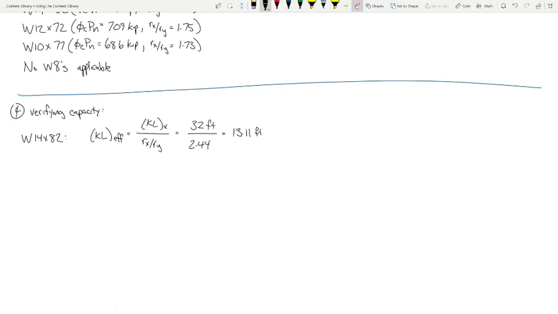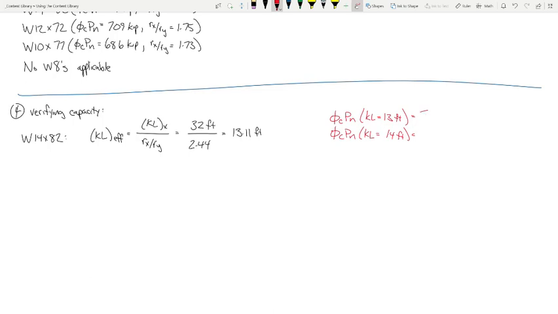Okay, so let's do that, just for the sake of discussion. What is BPN at KL of 13 feet, and what is BPN at KL of 14 feet? Help me out with that. What is BPN at KL of 13 feet for this section? Again, we're looking at the W14 by 82. 809.